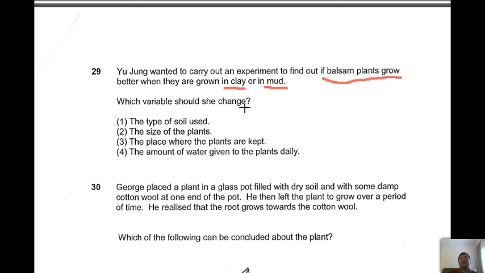Now, which variable should she change? Type of soil, size of plant? No, size of plant should be the same. Place where they are kept? No, must be the same. Amount of water given to the plants daily? Let me think first.